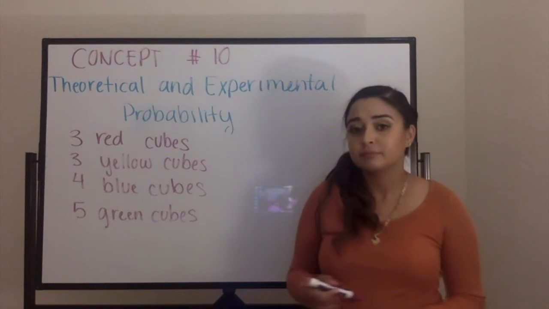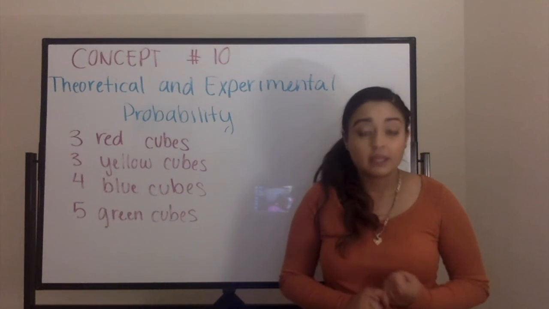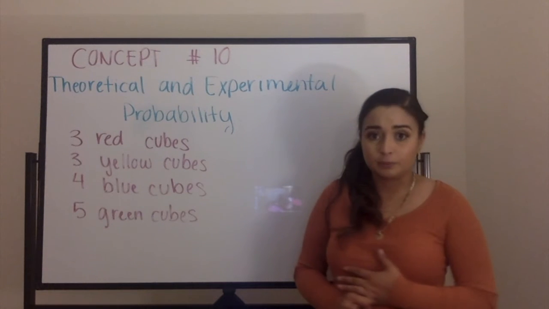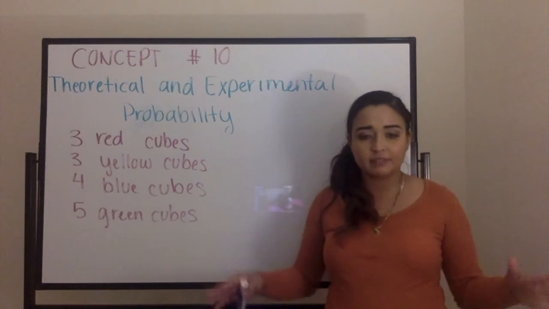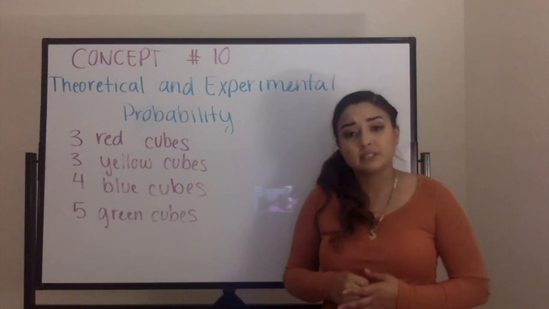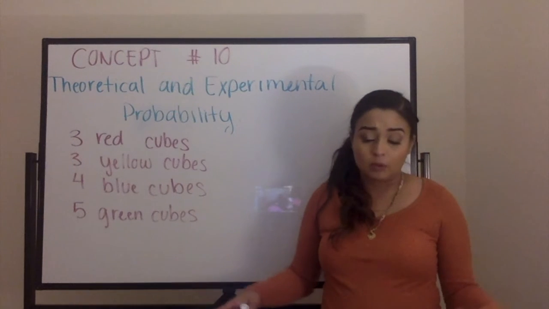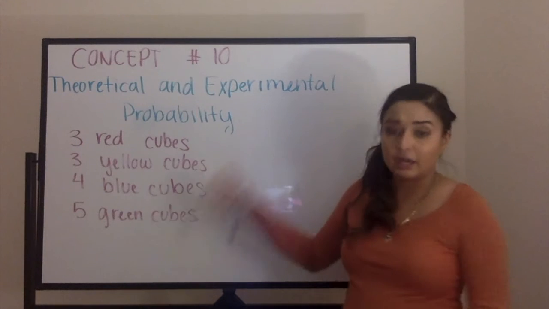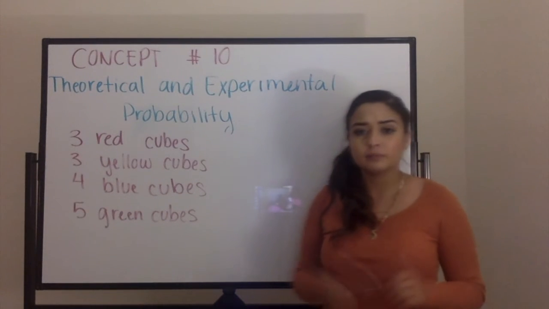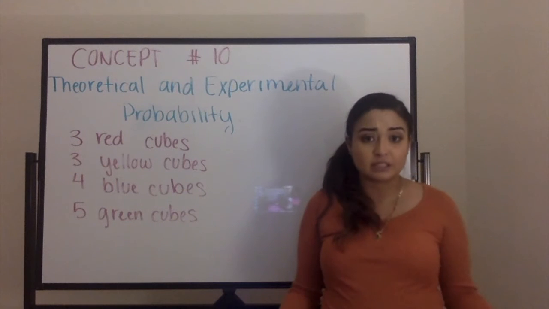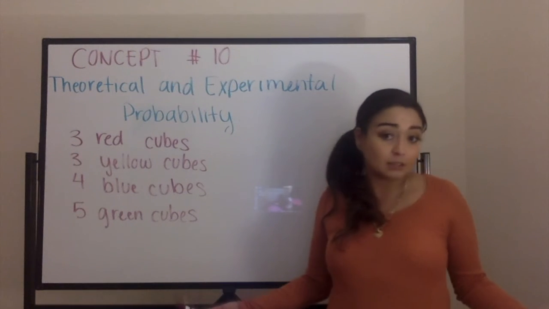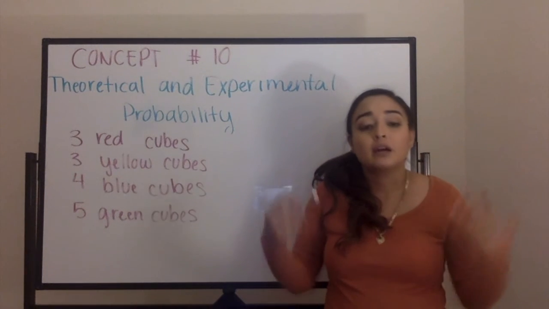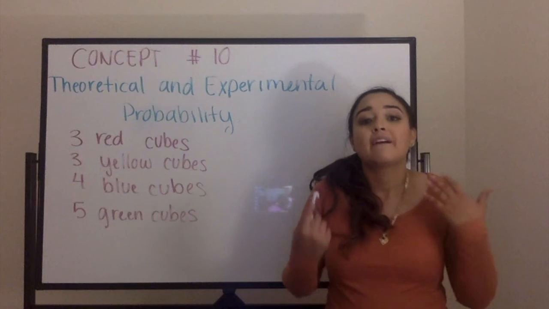My event is going to be pulling out a green cube. I already gave you the event. Now, you have to tell me all your possible outcomes. You have to add all your numbers together. Tell me how many possible outcomes there are. How many cubes can I possibly take out? Now, how many of those are going to be favorable outcomes?